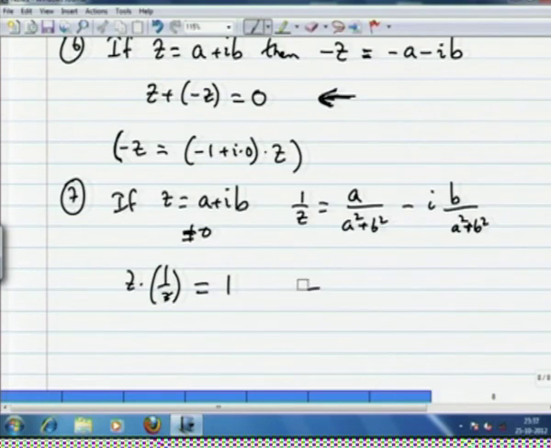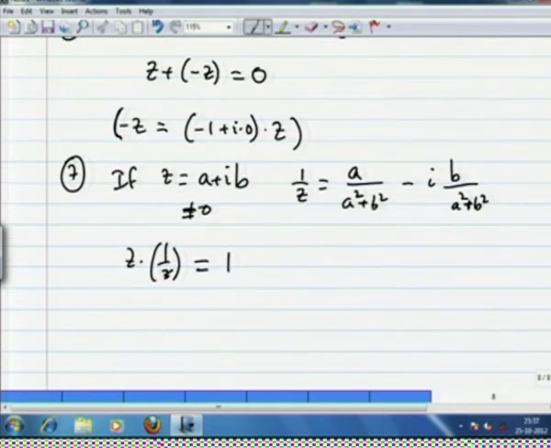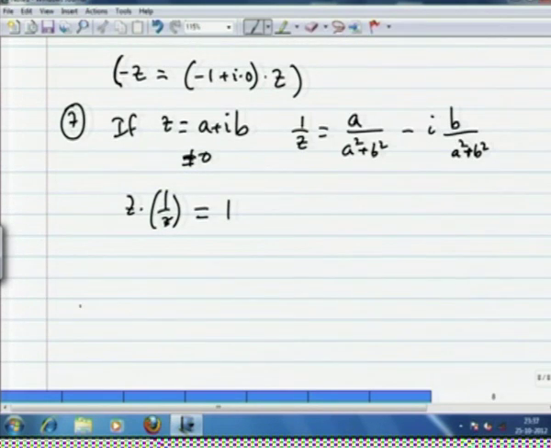And you see that with these properties and with these rules for addition, multiplication, subtraction and division, when you restrict these operations to numbers of the form x plus i times 0, such that x belongs to R, like I remarked earlier, when you restrict these operations to this set contained in the complex numbers, you retrieve all your real number operations.